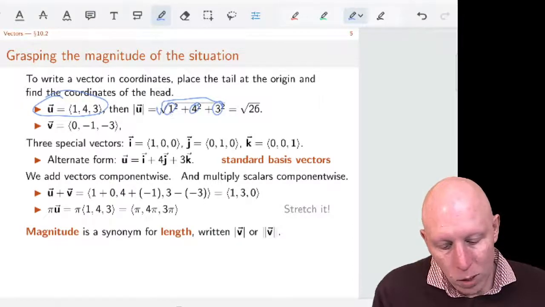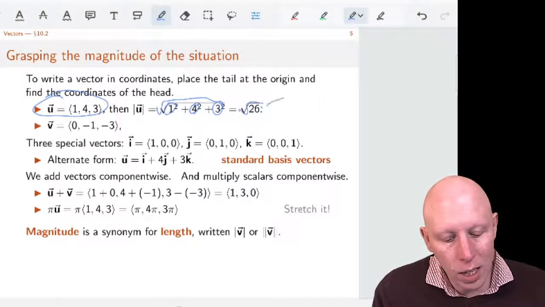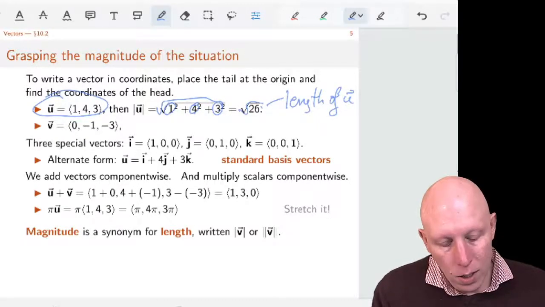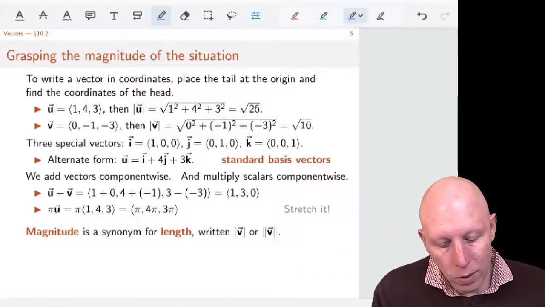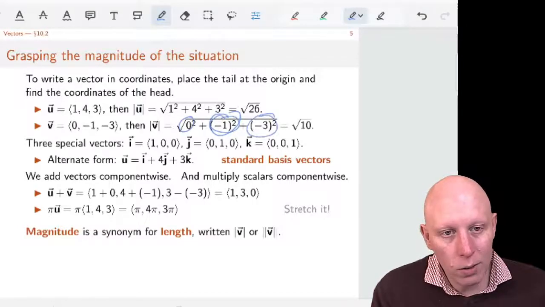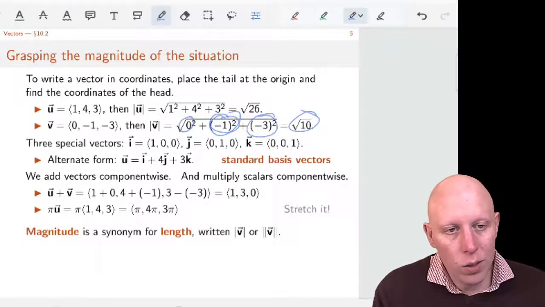In this case, that's 1 plus 16 plus 9, that's 26. Square root of 26, that's the length of u. Similarly, we can find the length of v, square root of 0 squared plus negative 1 squared plus negative 3 squared. That gives square root of 10.